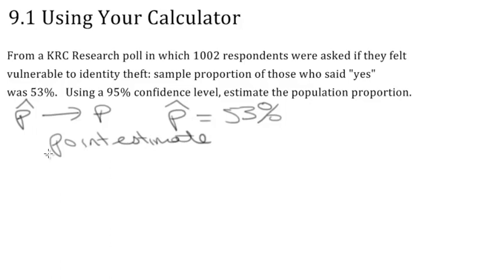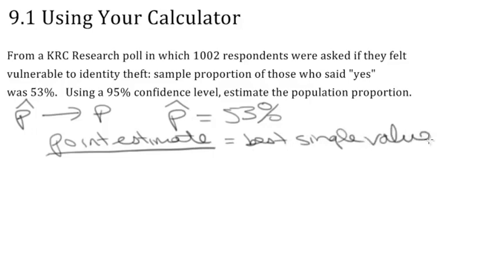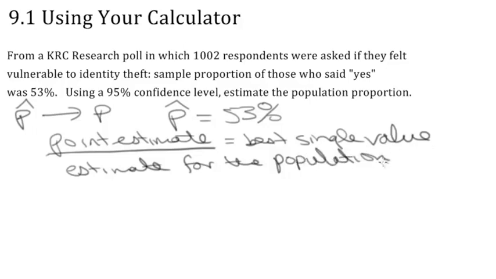And what I mean by a point estimate is our best single value estimate for the population proportion. The definition of a point estimate is for any parameter, though. In this case, for the population proportion.